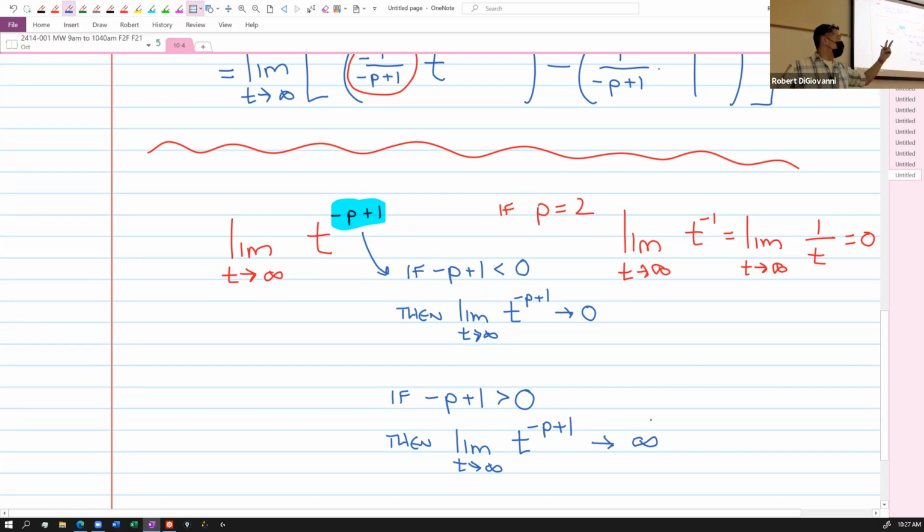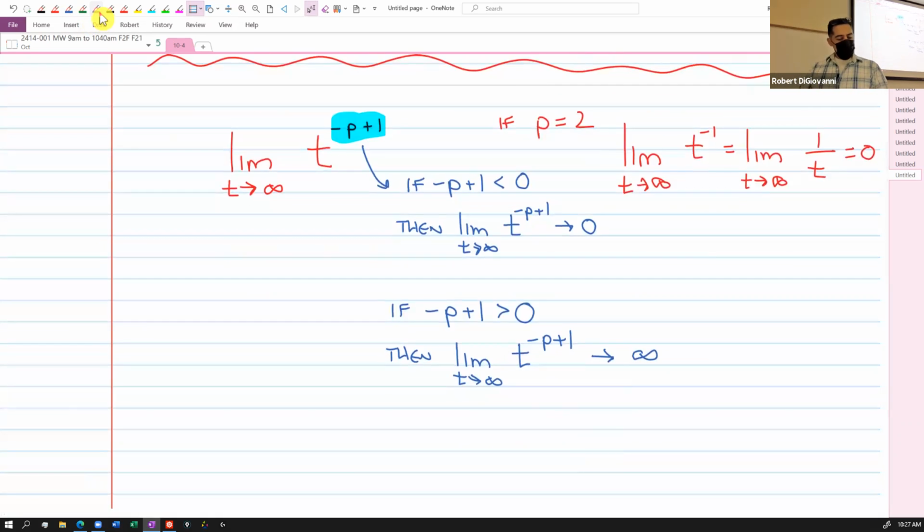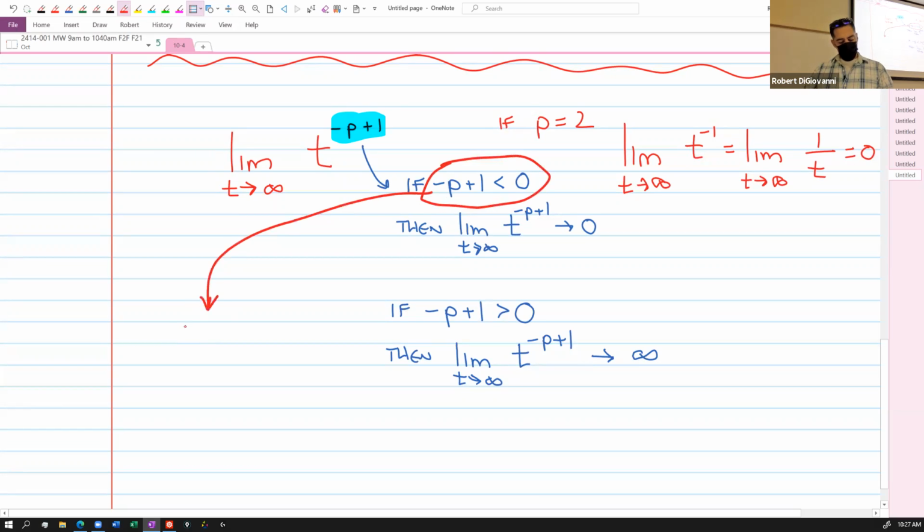So we have two scenarios here. If this turns out to be negative, we're going to have convergence. If it's positive, then we're going to have divergence, aren't we? So I now need to restate this. If I move the p to the other side by adding p on both sides, I get p is greater than 1.